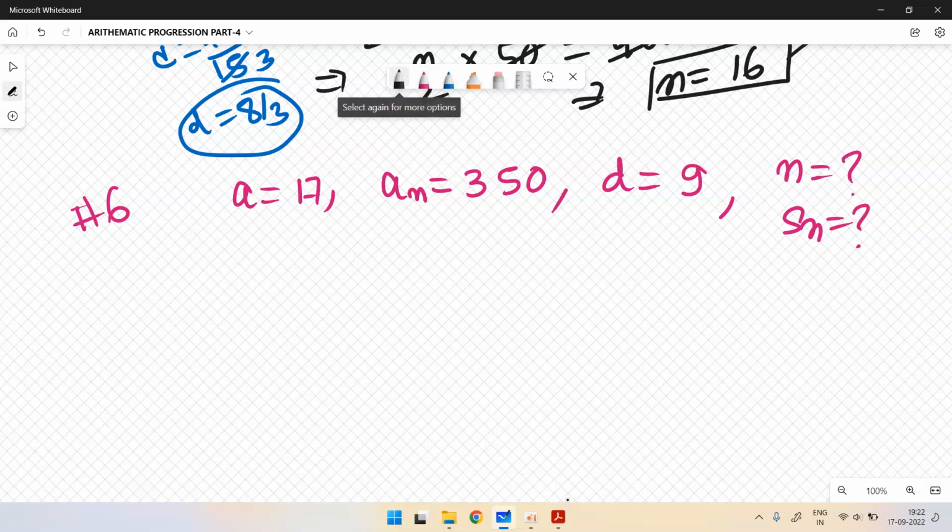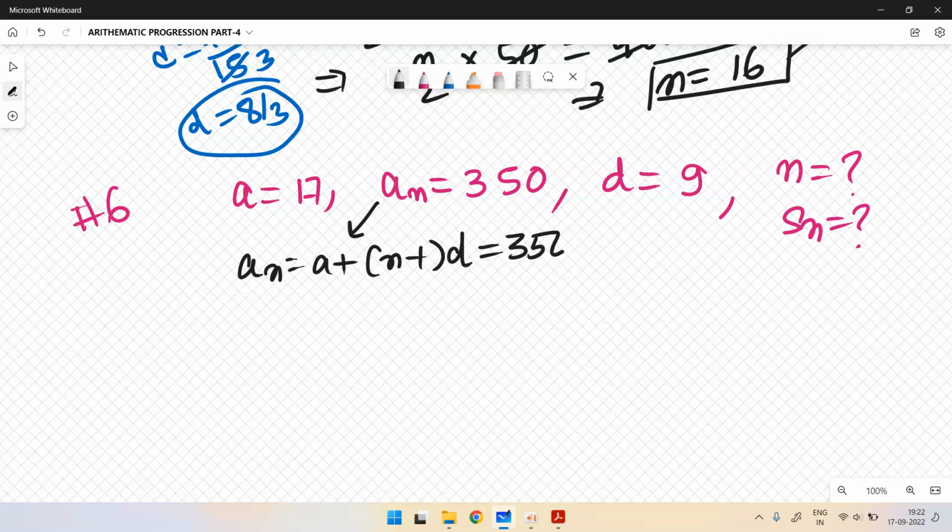So a of n is nothing but a plus n minus 1 into d, which is 350. This is directly given to be 350. Substituting 17, n minus 1 into d is 350, and d is given to be 9.